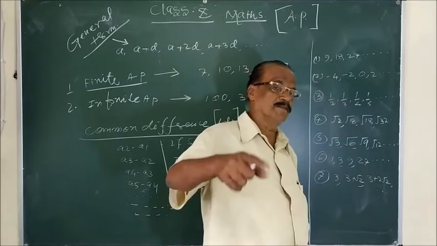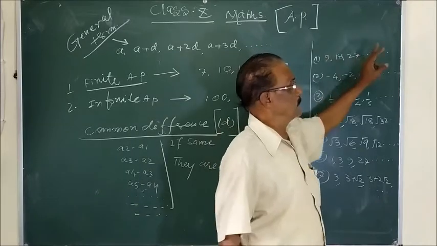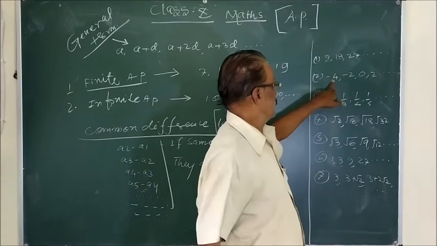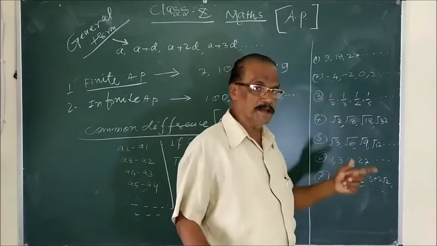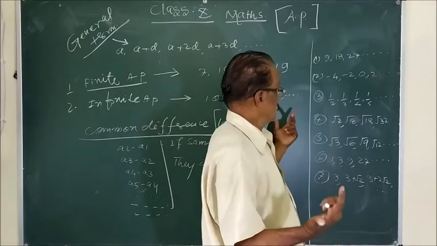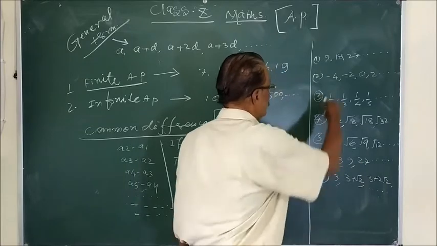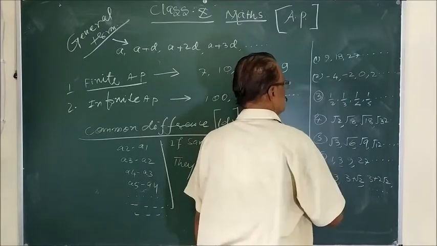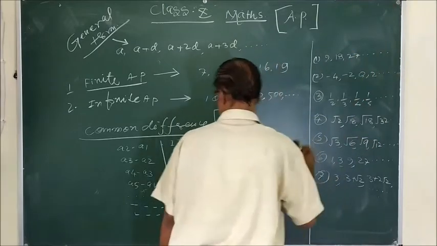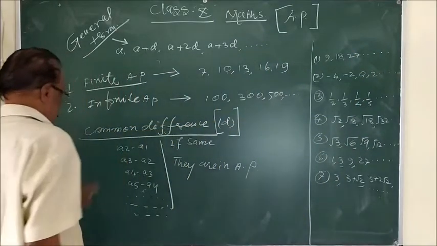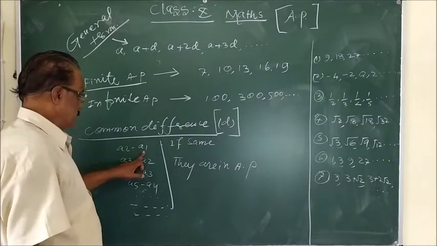This 9 is the common difference, so these are in AP. Now you see, minus 4, minus 2, 0, 2. Are these numbers in AP? You use that formula: A1, this is A2, this is A3, A4, dash dash. So you can find A2 minus A1.